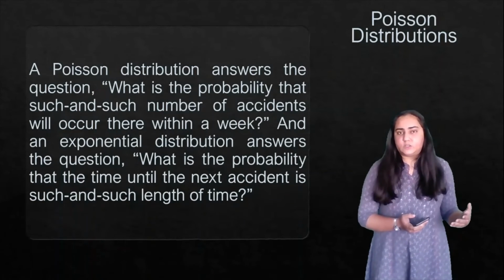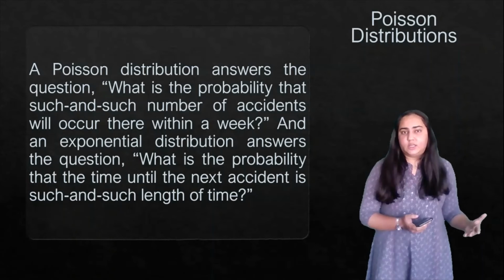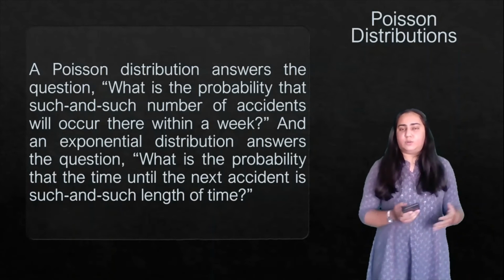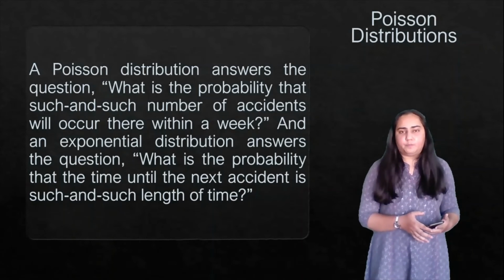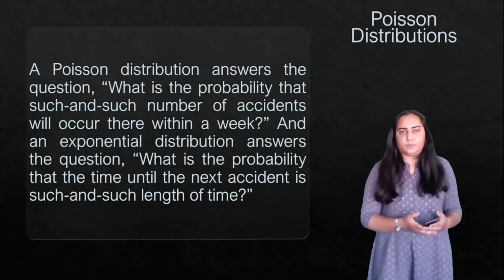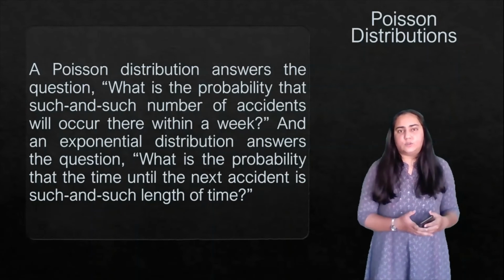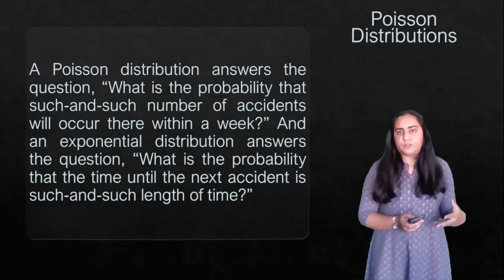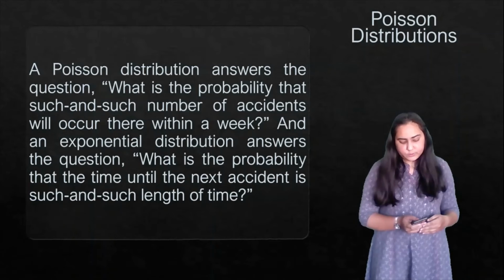But exponential distribution would answer the question: what is the probability that the time until the next accident is such and such length of time? For example, what is the probability that the next accident will occur in the next 10 hours? That is exponential distribution. These are the two distributions that complement each other, and that's why they are put together.